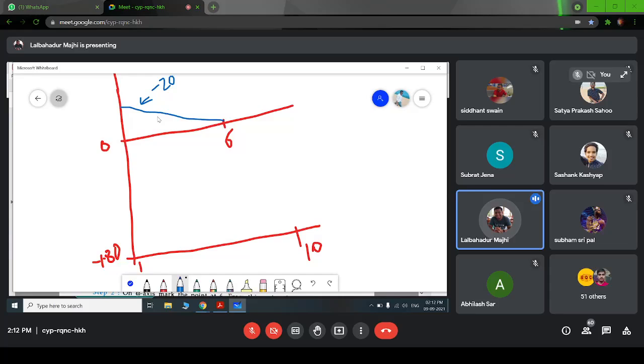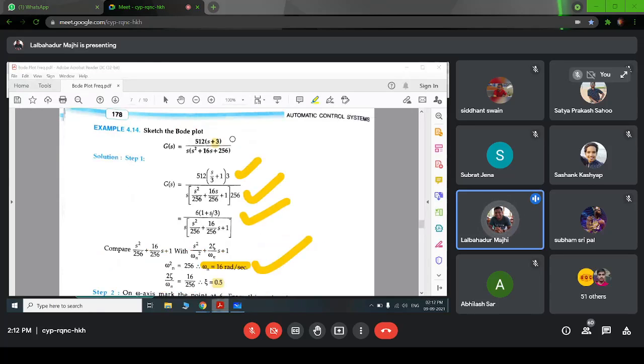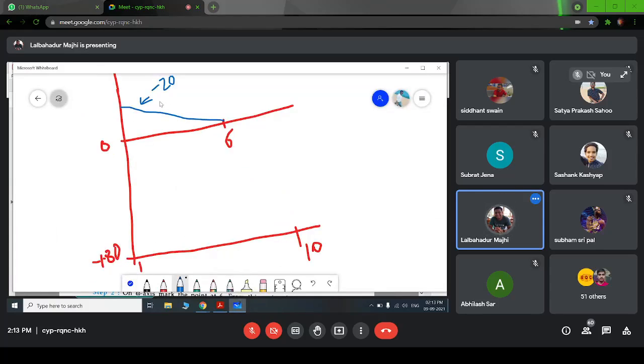So this asymptote should go up to the next corner frequency. Here the next corner frequency is 3, and this 3 comes from this 0. That means we have to add plus 20 per decade to this initial slope of -20 per decade.